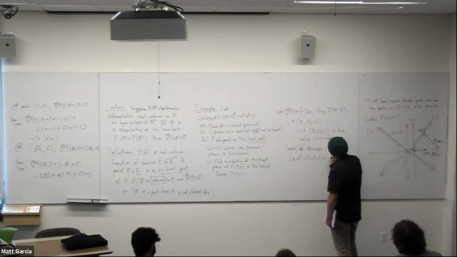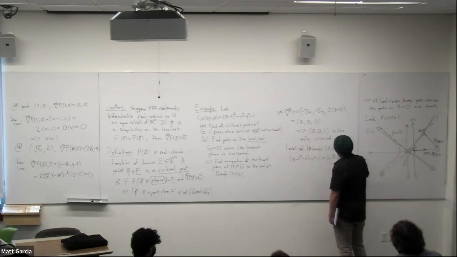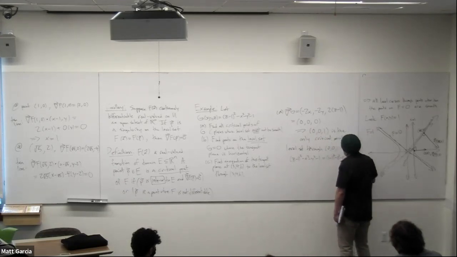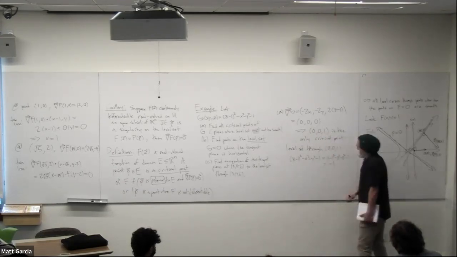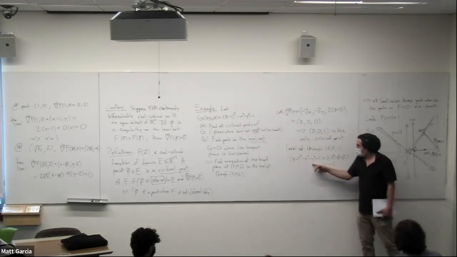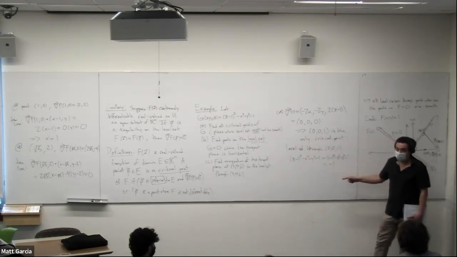So we get (1 - 1)^2 - 0^2 - 0^2 - 1. So this is our level set. Our function is equal to -1.